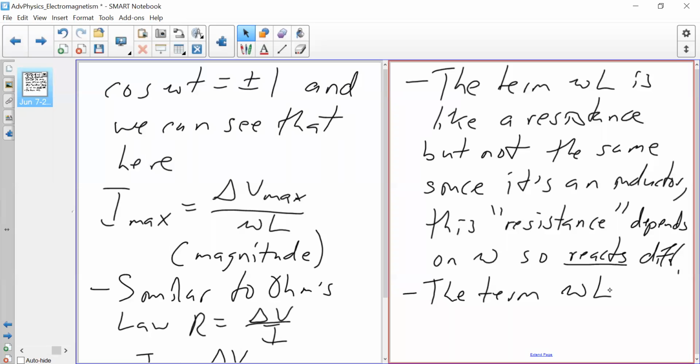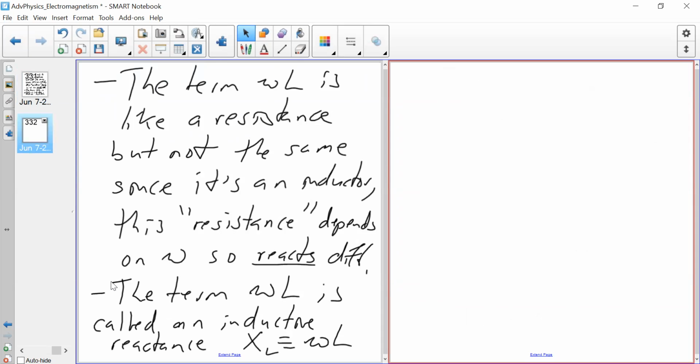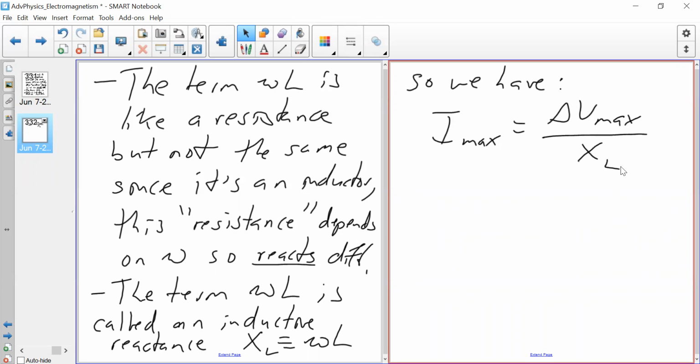But the term omega L is called an inductive reactance, and we'll denote that by the symbol capital X sub L equals omega L. So we have maximum current through the inductor equal to maximum voltage divided by X sub L.